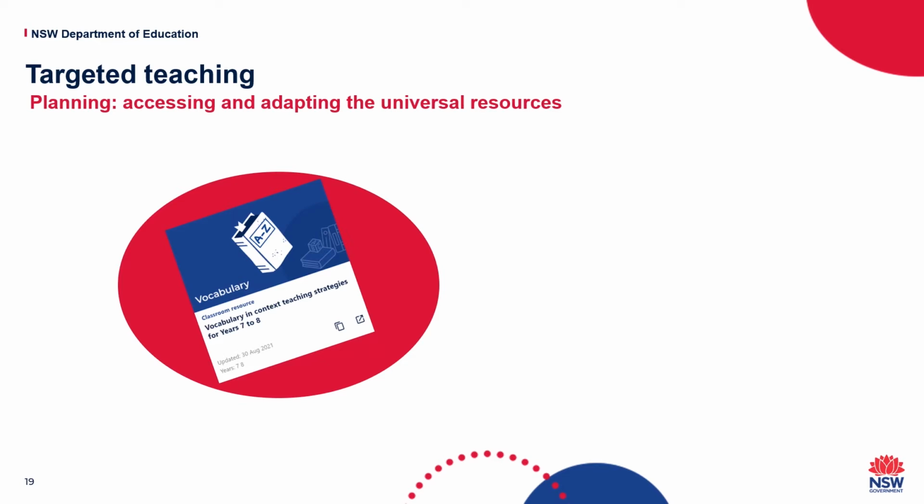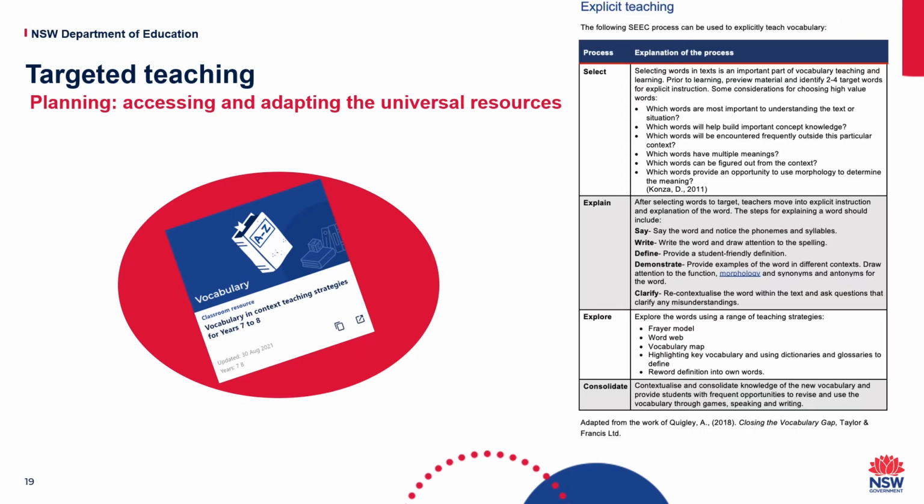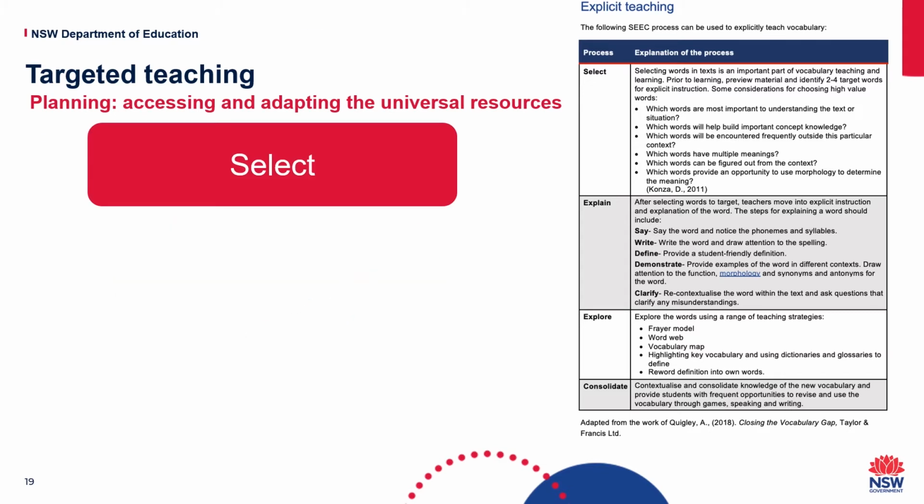Jacob uses the SEEC model available on the Learning Resource Hub to plan for explicit teaching and select the words he will specifically target. The SEEC model outlines a process that can be used to explicitly teach vocabulary in any subject area. Select 2 to 4 words to specifically target during teaching and learning. Explain.